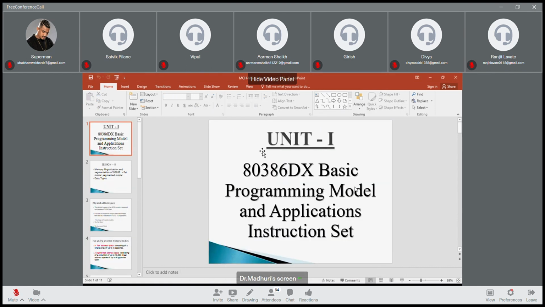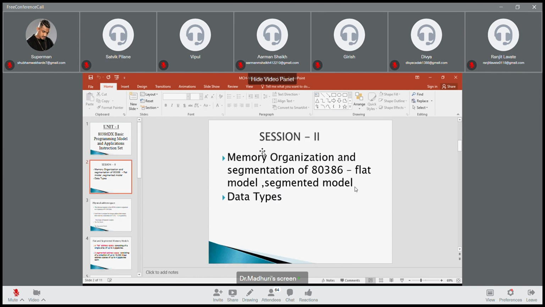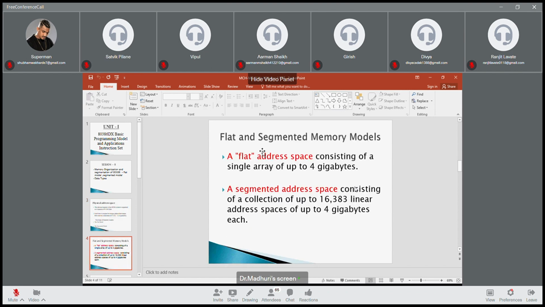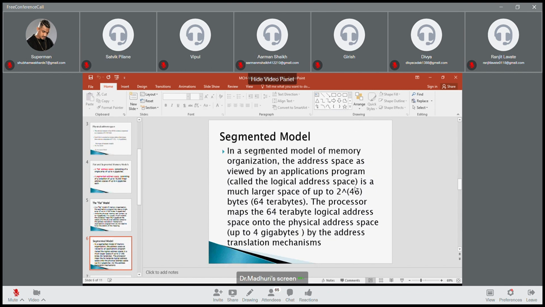I think I have already explained the flat model and segmented model. Now, here the CPU consists of the execution unit, prefetch unit, and the instruction decoding unit.